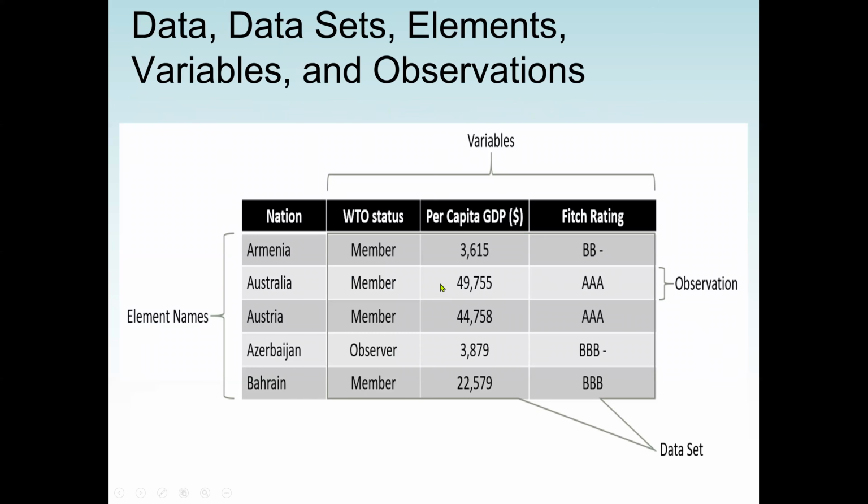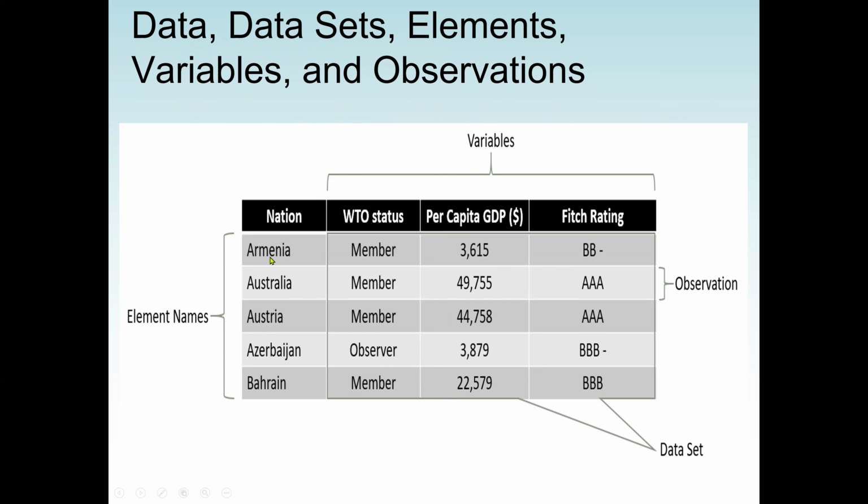So we have an example here of variables. This will be our data set. Everything here is our data set. In this data set, we have 5 elements. The variable names are nation, WTO status, per capita GDP, and Fitch rating. These will be variables.